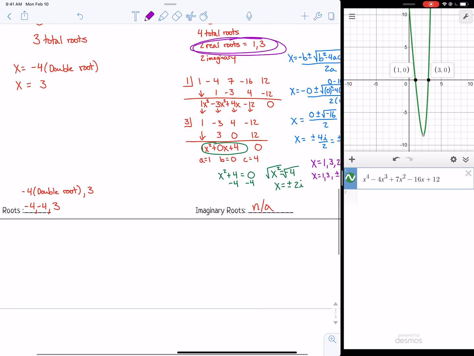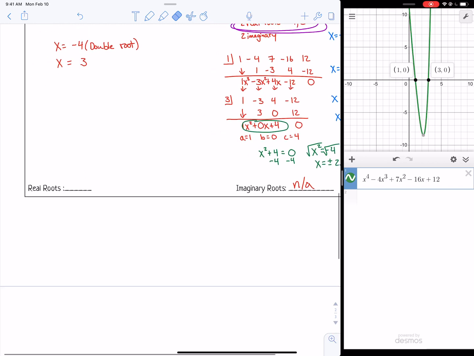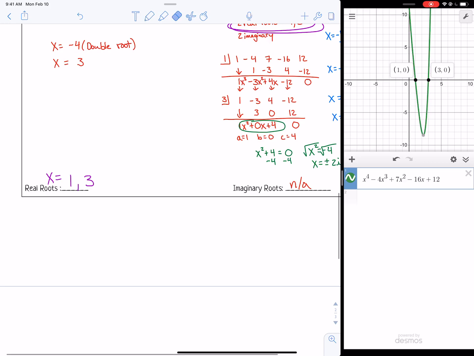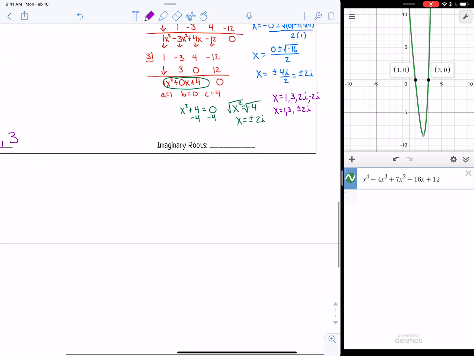And so you would put over here for your real roots, you had 2 of them, 1 and 3. And if you want to put x equals 1 and 3, that would be fine. And your imaginary roots would have been the plus or minus 2i. You can write them separately. You could put x equals. Those would all be okay.